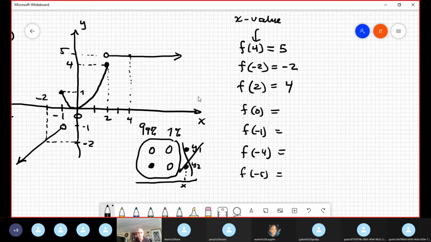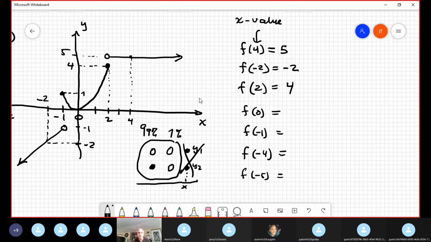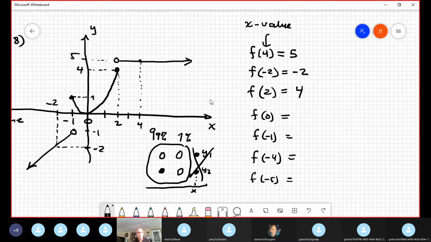Okay, and 0 is here. This point is the point (0,0). Therefore, the y associated is 0. And -1 is complicated because -1 is here. Look, in what direction do I go, down or up? I go up because I can see here the point gets closed, gets defined. This is undefined. So that's 1.